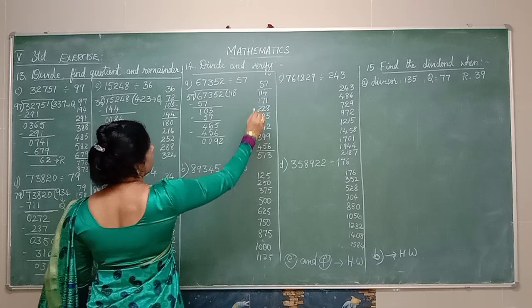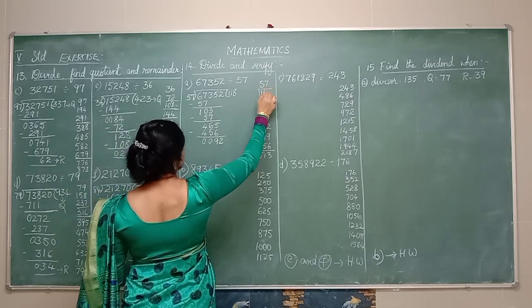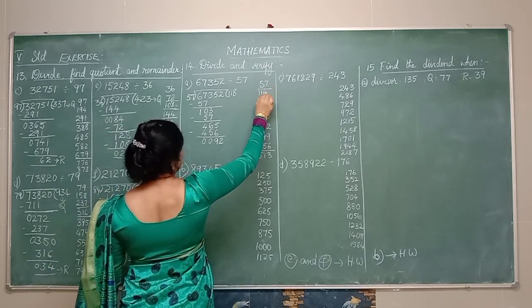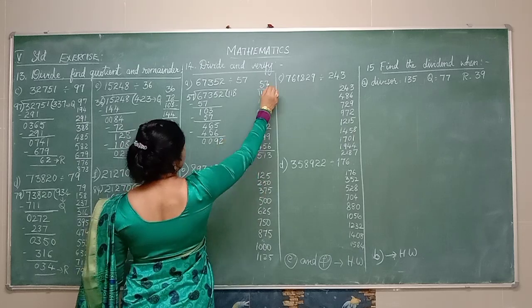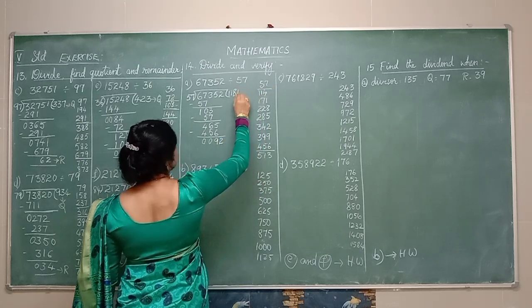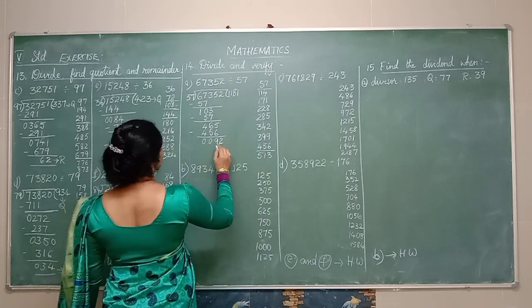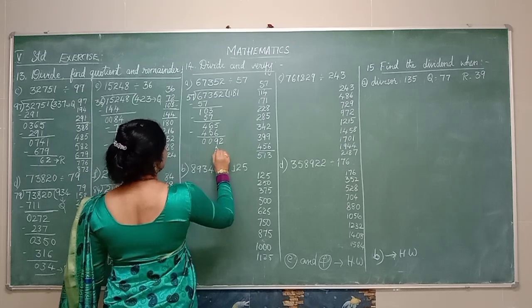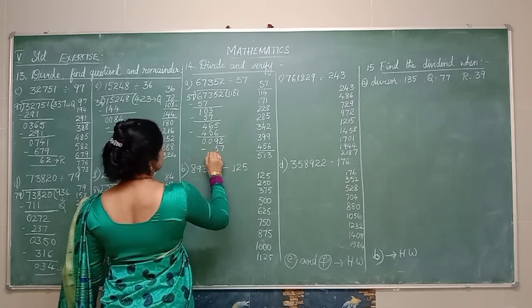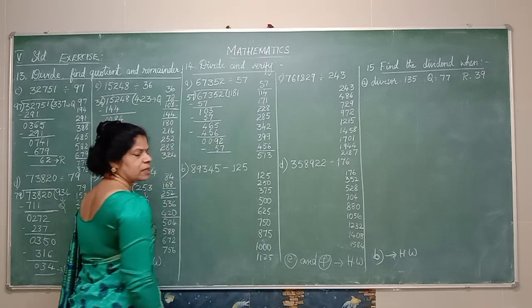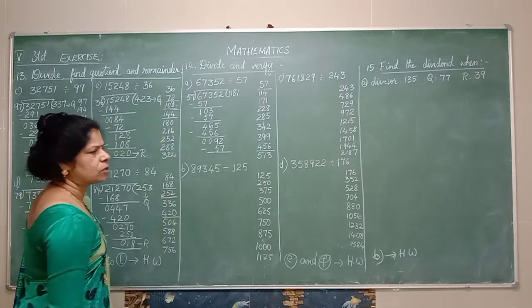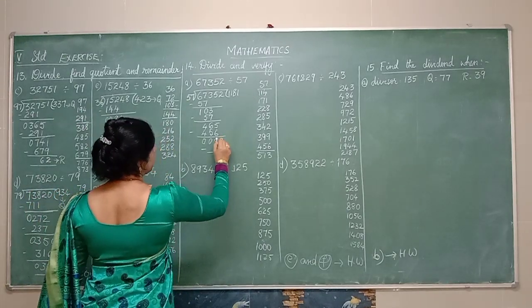Where does 92 come? 92 comes again between this, isn't it? Between 57 and 114, 92 comes. So you should write 1 za. 1 za. How much is it? 57. Minus. From 2 you cannot minus 7. Borrowing. So it becomes 12. And here 8. Okay.